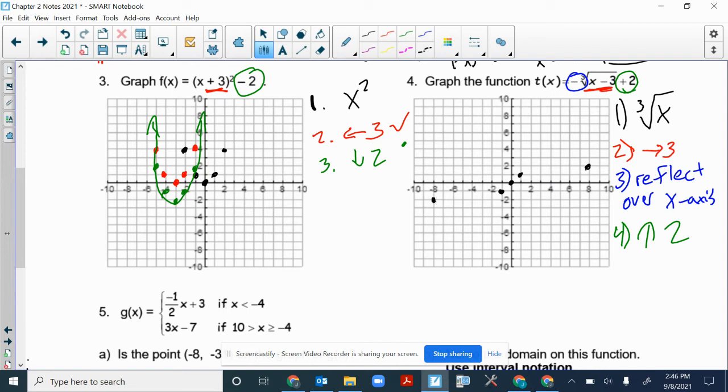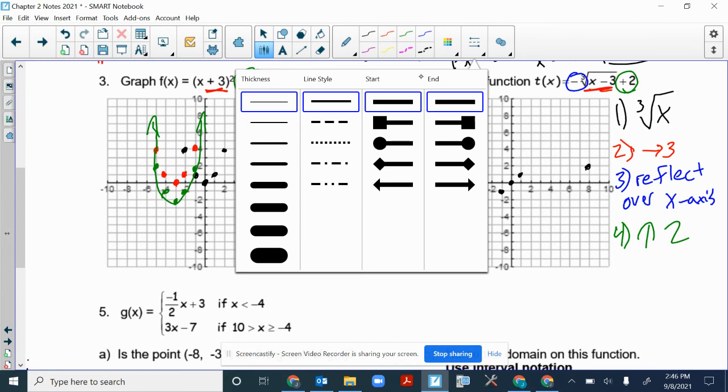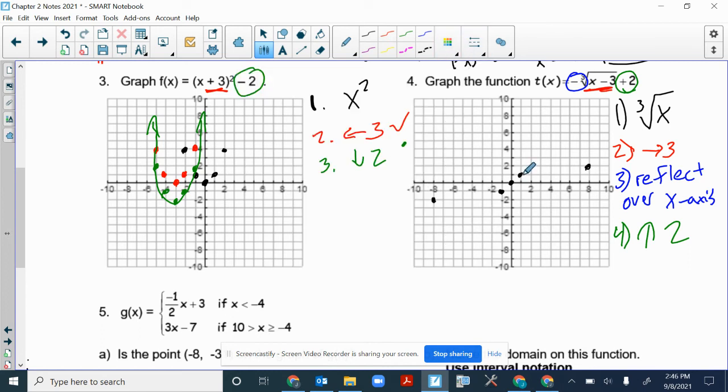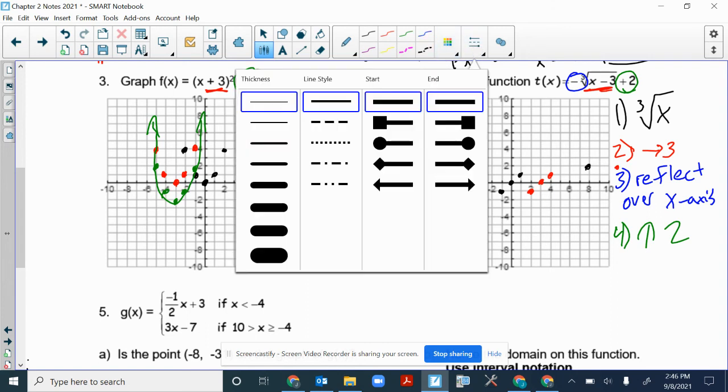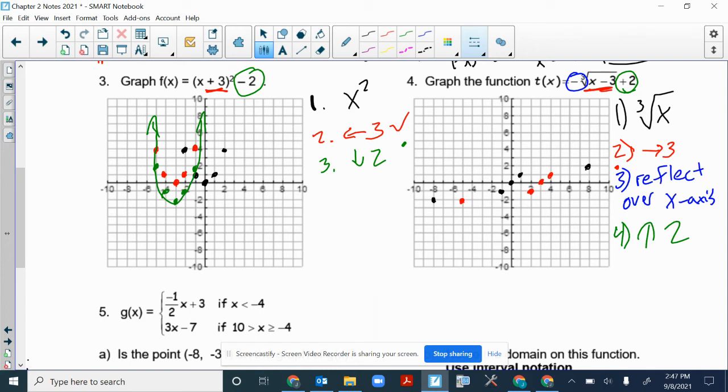All right, so now we're going to move them to the right 3. 1, 2, 3, 1, 2, 3, 1, 2, 3, 1, 2, 3, 1, 2, 3. It goes off, so this point is off our graph, so it's not a big deal if we don't worry about it anymore. So the next thing is we're going to reflect over the x-axis.